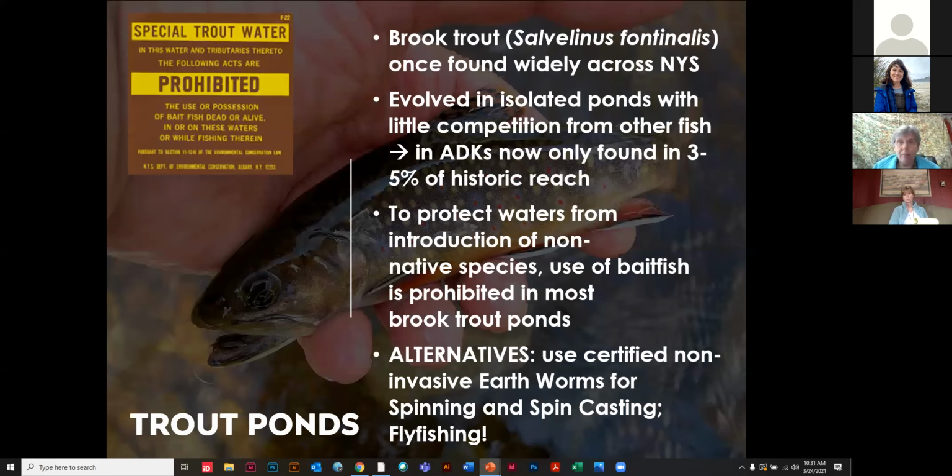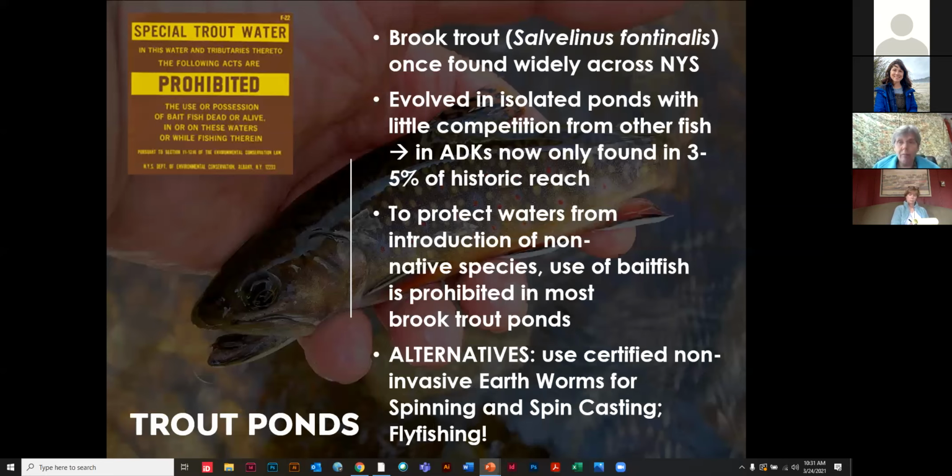In the Adirondacks, the Saranac Lakes Wild Forest is used as a pretty common example of monitoring for existing brook trout, but it's believed that they're only living in 3 to 5% of their once historic reach.